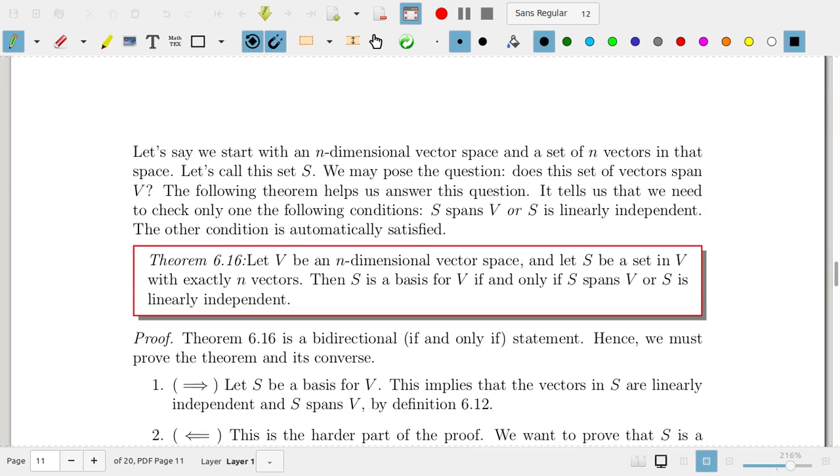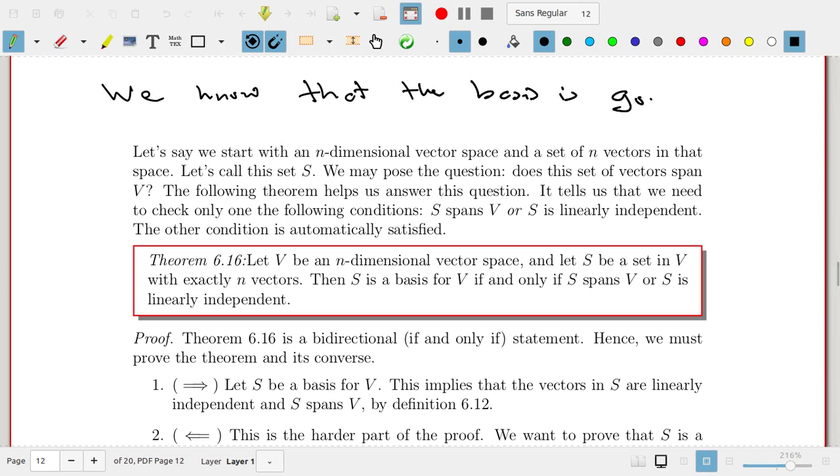So let's call this set S. Since we know that it's an n-dimensional vector space, we know that the basis is going to have n vectors in it, right?